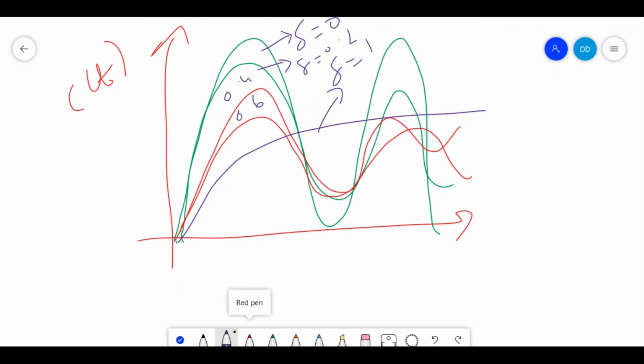This is for delta equal to 0, this is delta equal to 0.2, this is for 0.4, 0.6, this is for 1, and this is for 2. So as your delta varies, the oscillations will die out gradually, and your critically damped and overdamped systems will not have any peak overshoot. Hope the step response of a second order system is understood. Thank you for watching this video.